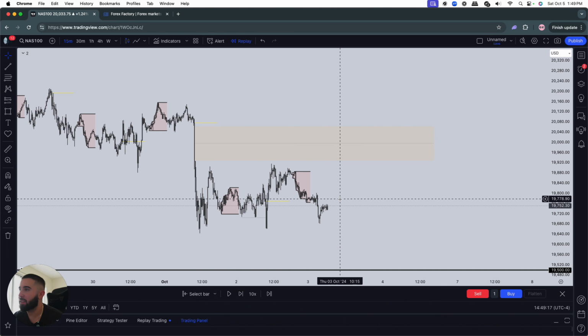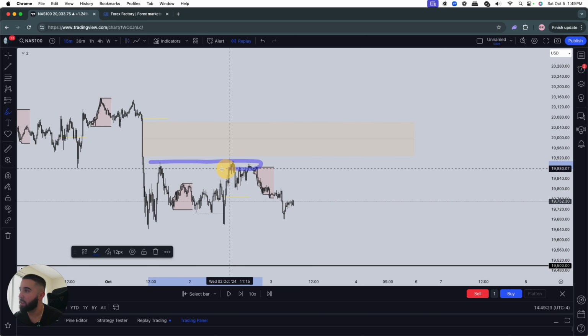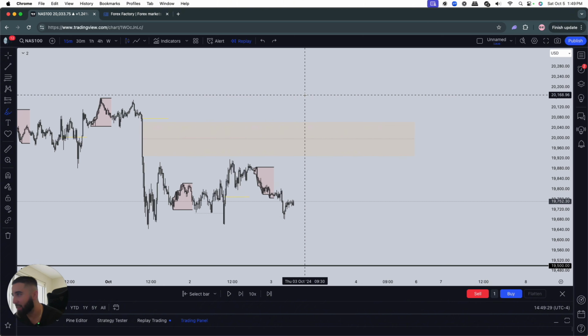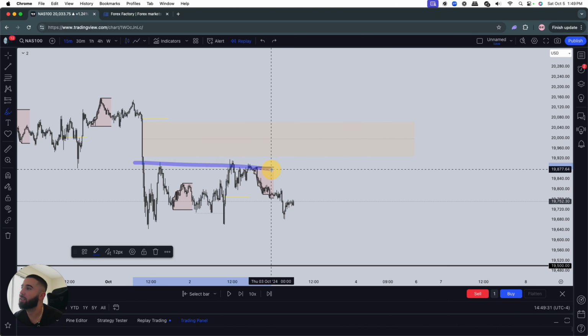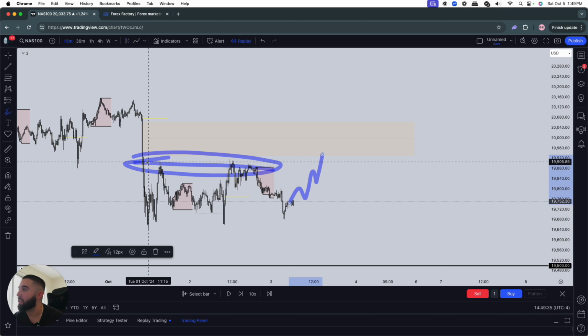Now, on this 15-minute time frame, let's see what we got, because we also have another concept that you guys are going to learn about, which is liquidity. We have a lot of equal highs sitting right beneath that imbalance. So when I see that, right, that can be a sensitive area where we can maybe sell from, where we are taking out those buyers here and then selling off.